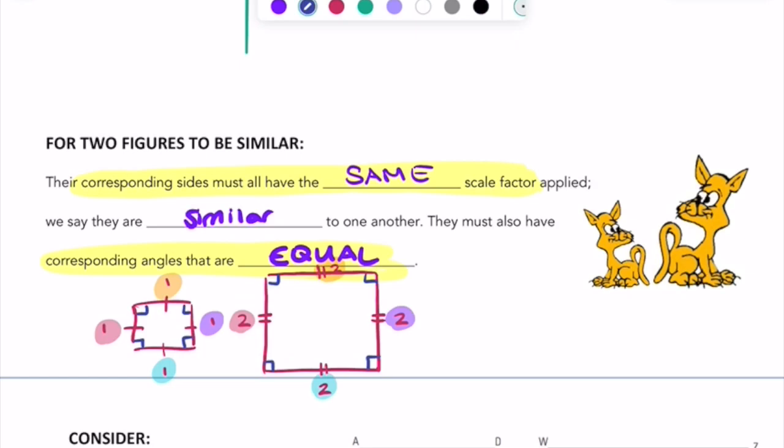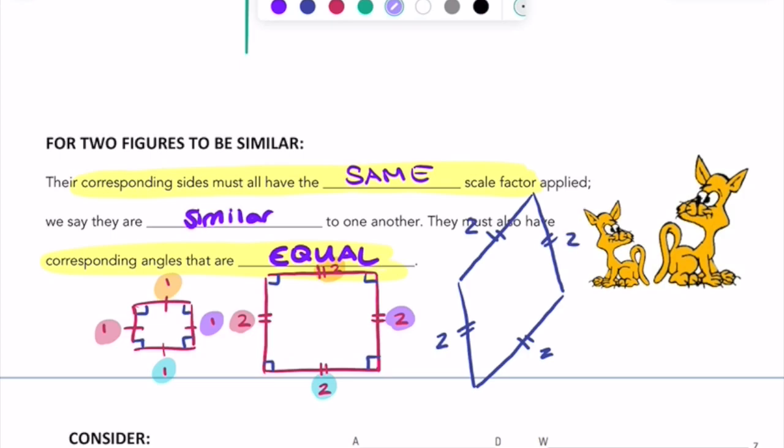Now, why is the second condition really important? Because imagine, instead of a square that I drew, a rhombus. Now, a rhombus is a 4-sided shape in which all 4 sides are equal, but their angles are not all 90 degrees. Specifically, they have 2 pairs of matching angles here.